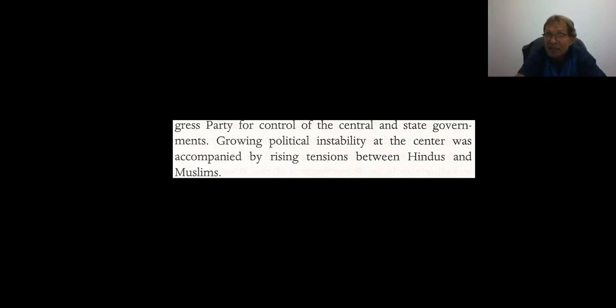And this is a Hindu nationalist party. And this has created political instability because, again, this creates more tension between Hindus and Muslims. And that ends this particular part of South Asia.